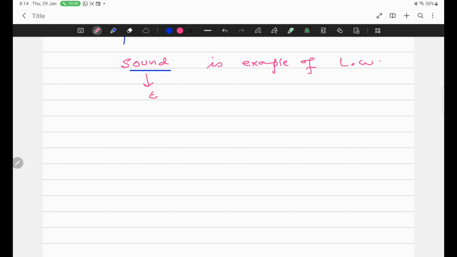Sound is the energy which is detected by our ear, and we are human, and there is a limitation of our detection. Sir, what does it mean?